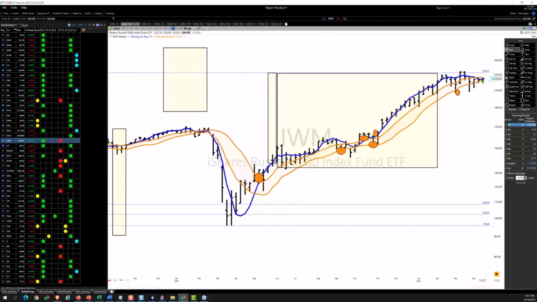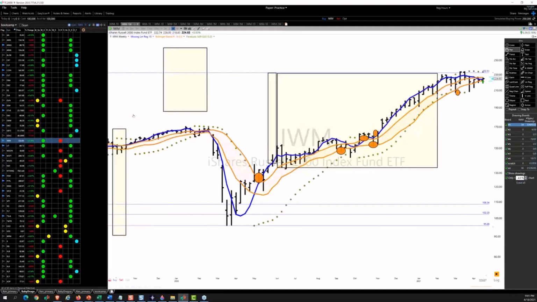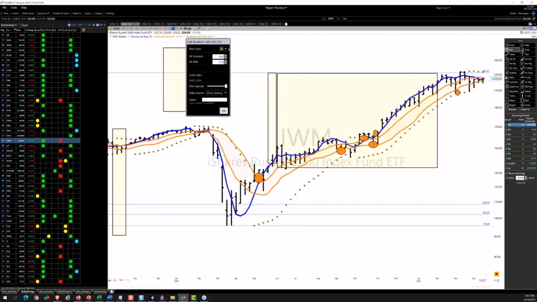The final thing I'm going to add to this now is the parabolic stop and reverse, because that gives us a little bit more insight. That's an extra refinement. As I started managing my stops, I tuned the parabolic stop and reverse so that it looked like where I was moving my stops when I was getting in here close.